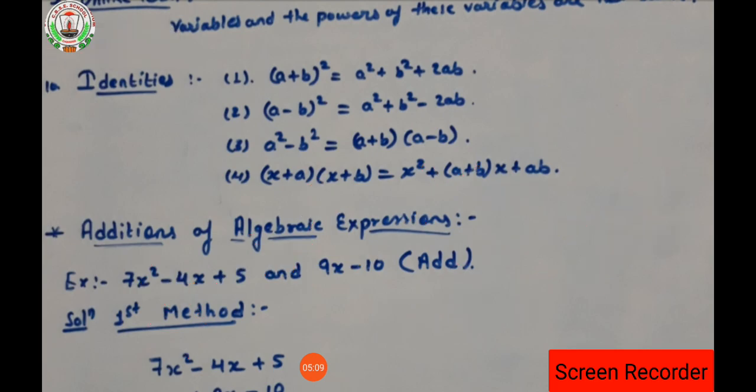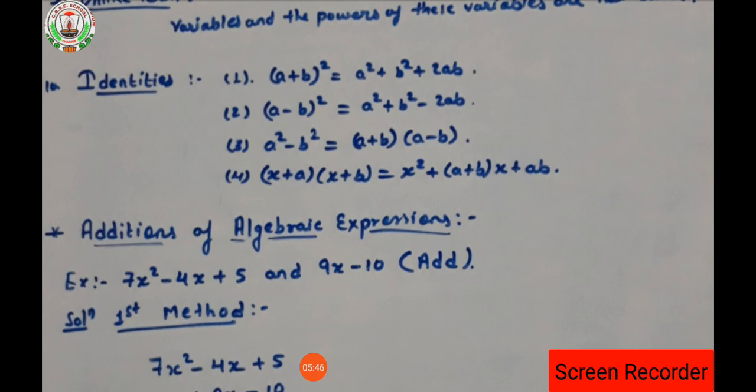The third formula is a square minus b square, which is equal to a plus b into a minus b. The fourth identity is x plus a into x plus b is equal to x square plus a plus b into x plus ab. So these are the four important identities which you have to learn.